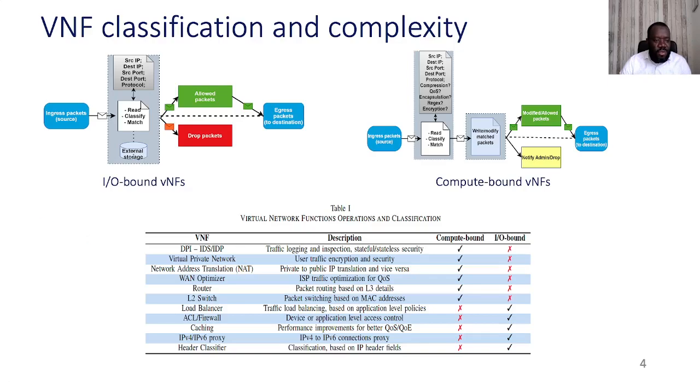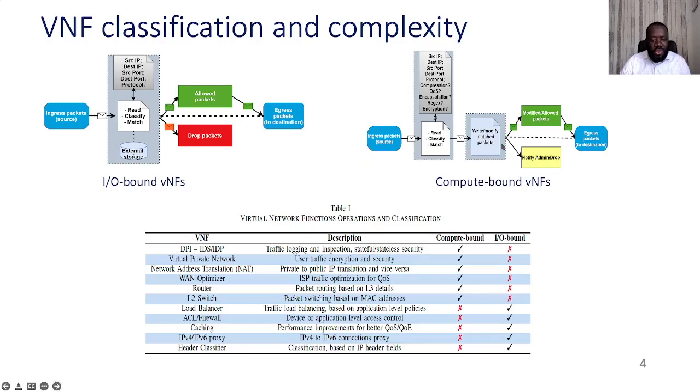As you can see from this figure, this NF could access data from external storage to check, for example, caching or some sort of database for match action, key value store in terms of firewall authentication rules. So this behavior is basically done by IO bound VNFs.